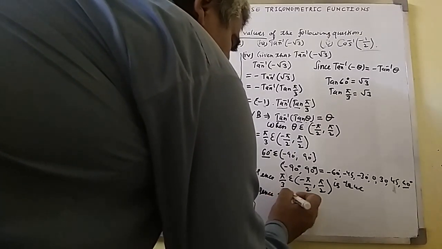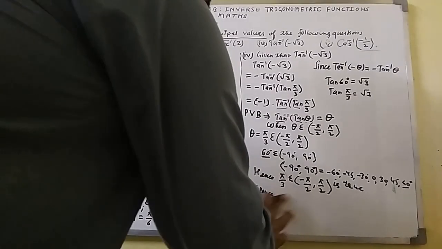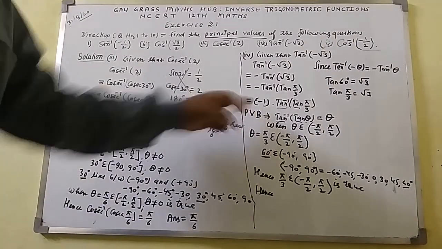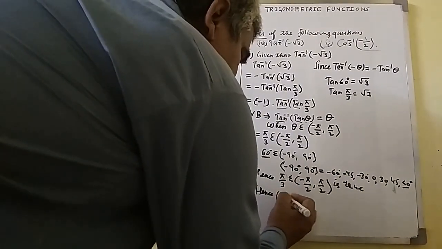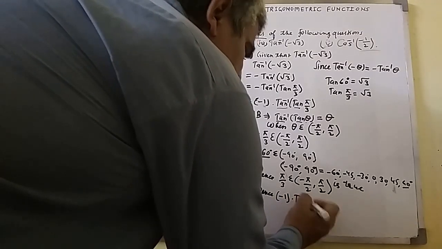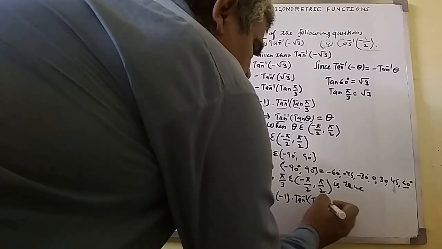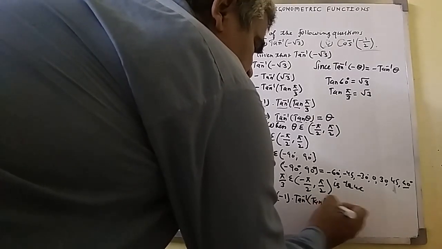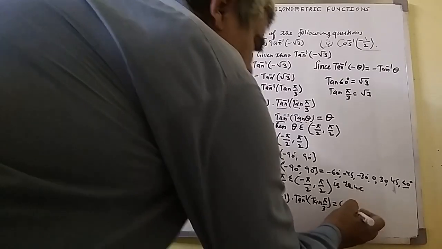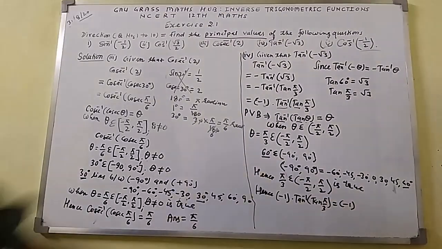Hence, take the question from here: minus 1 dot tan inverse in bracket tan pi over 3 equal to minus 1 times this.